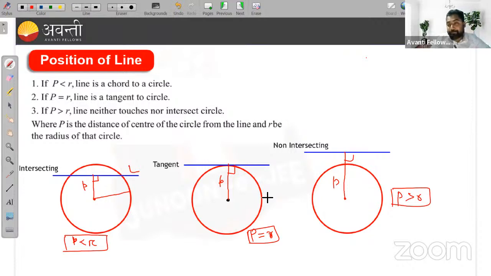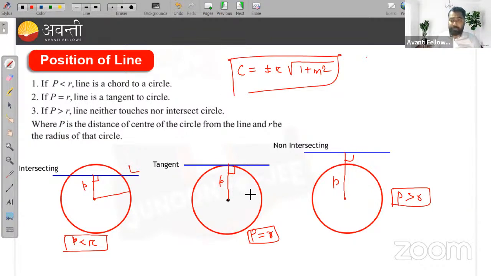Anyone can say? Yeah. That is when c is equal to plus or minus R into under root of 1 plus m square, right? So this is the condition for a line to be a tangent to the circle. Clear, everyone? Okay, let's move now.